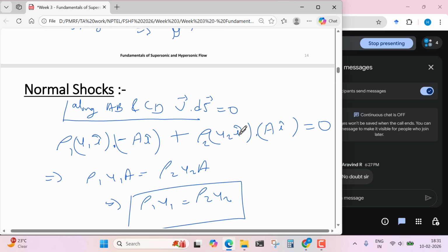Plus ρ2 U2 i cap dot A i cap, where i dot i cap equals 1. So we get ρ1 U1 A equals ρ2 U2 A. The area is the same, so we get ρ1 U1 equals ρ2 U2. This is the continuity equation.